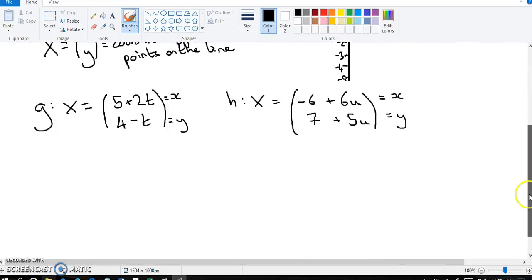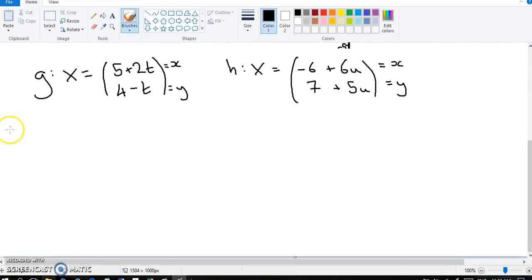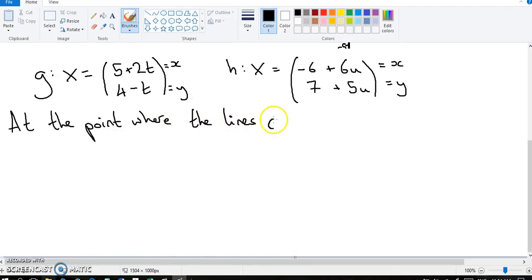Now the thing to remember, at the point where the two lines cross, they have the same x coordinate. So let's say xg is equal to xh, this being xg and this being xh, and yg is equal to yh, where this one is yg and this one is yh.